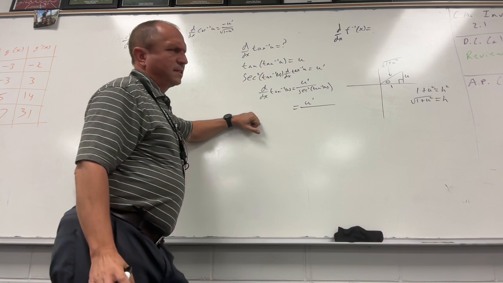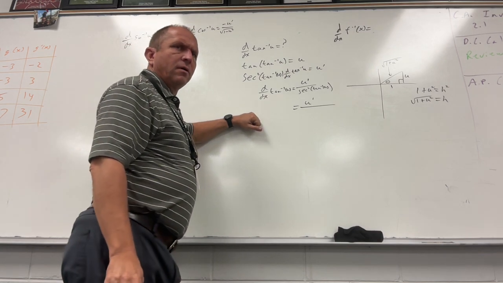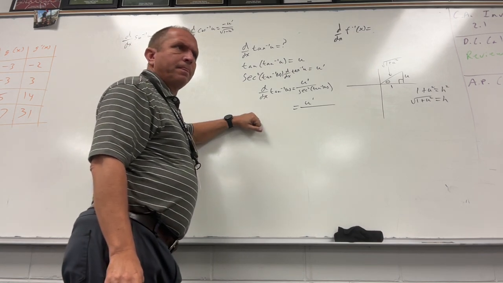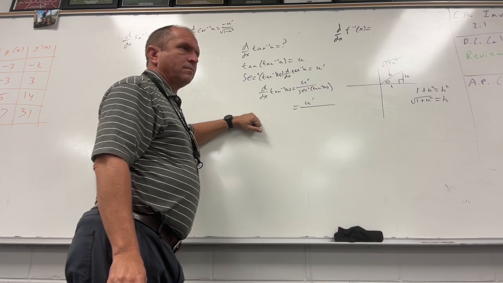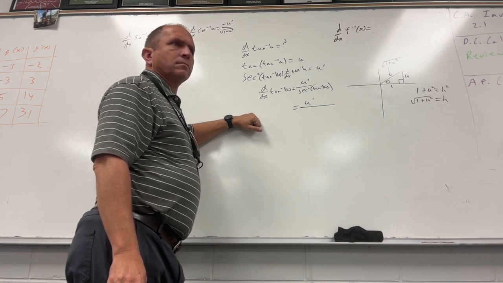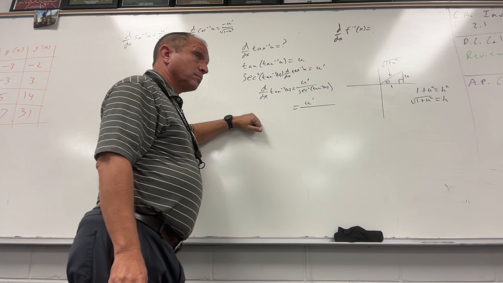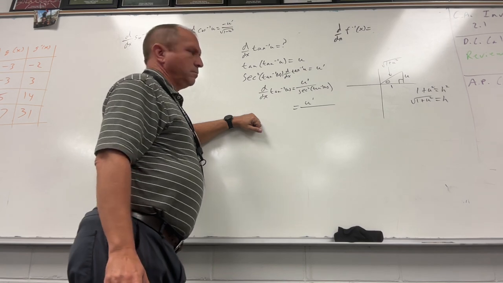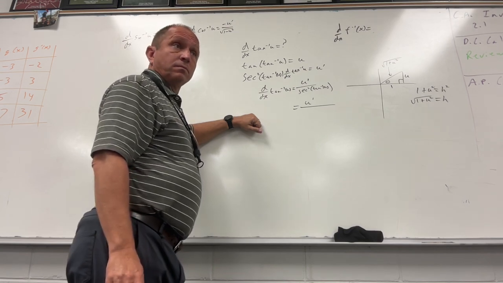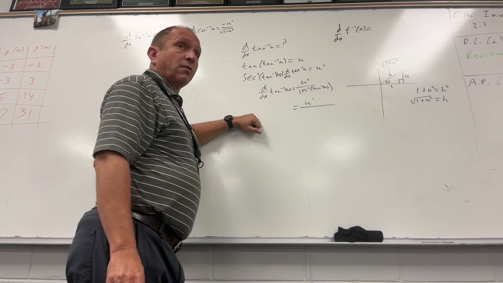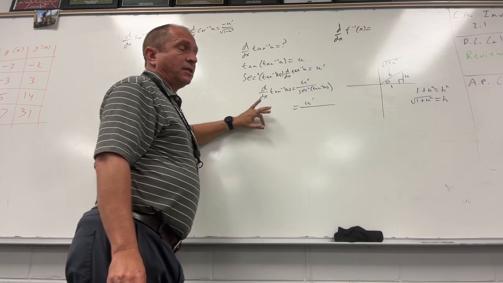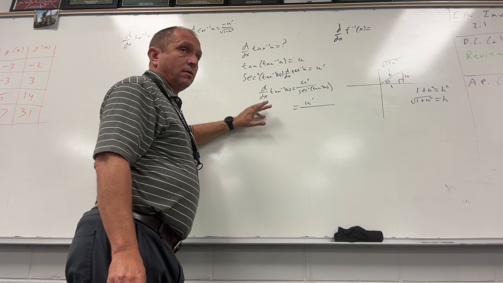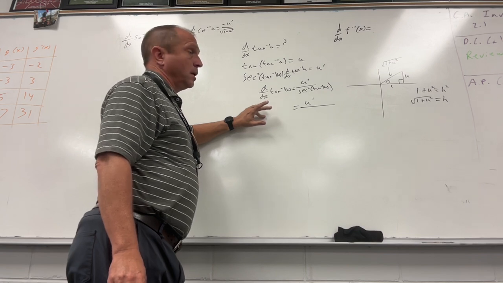So what is the secant the ratio of? It's 1 over cosine, right? And cosine is adjacent over hypotenuse, so what would secant be?